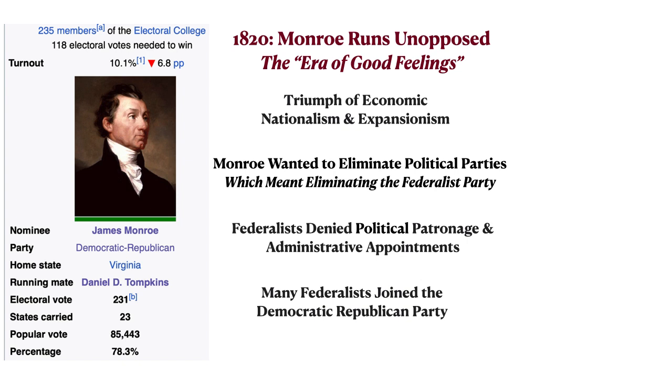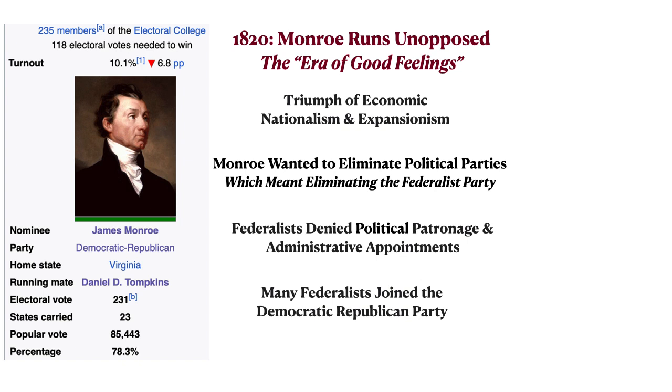So one of the things he did was to deny political patronage appointments and other administrative appointments to Federalists, which Madison and Jefferson had done to some degree. There weren't a huge number of appointments. The size of the bureaucracy was minuscule by later standards, but yeah, there were still some, and they could be somewhat lucrative and desired.